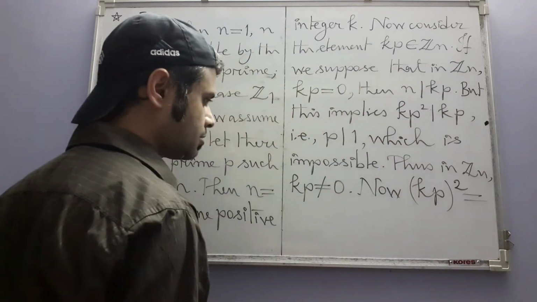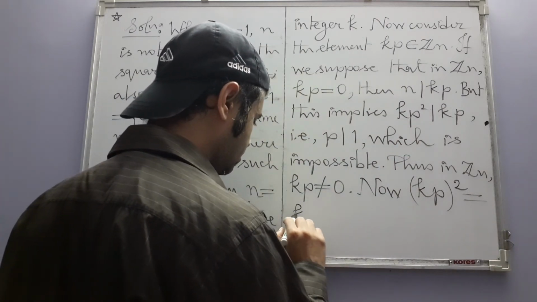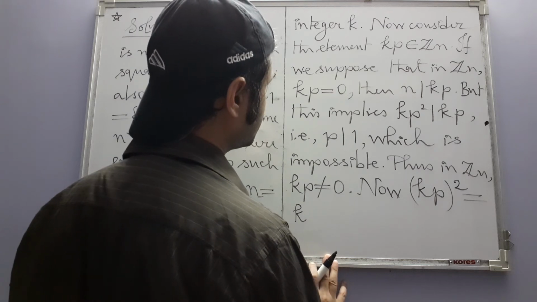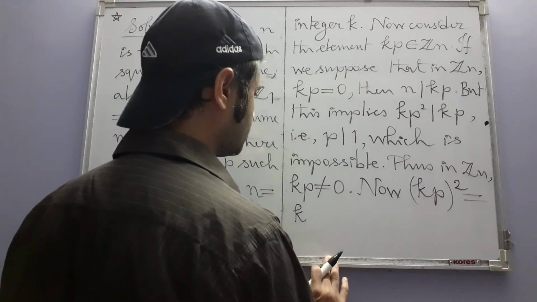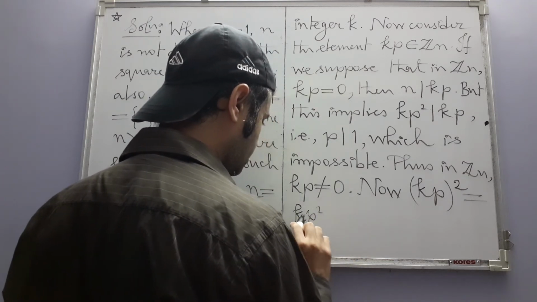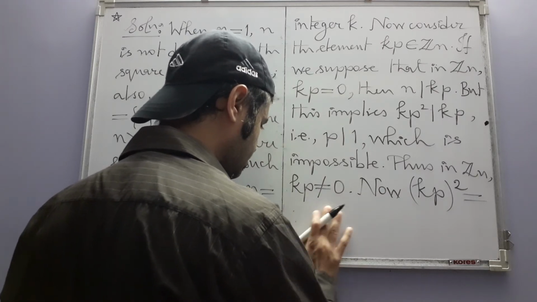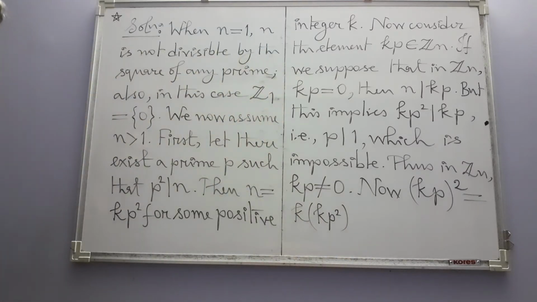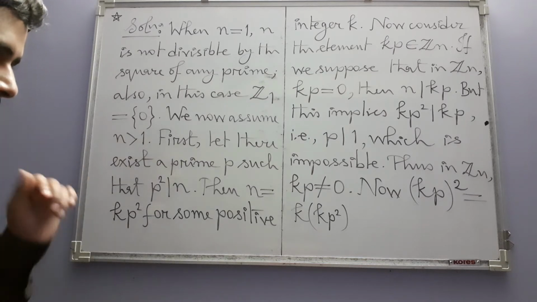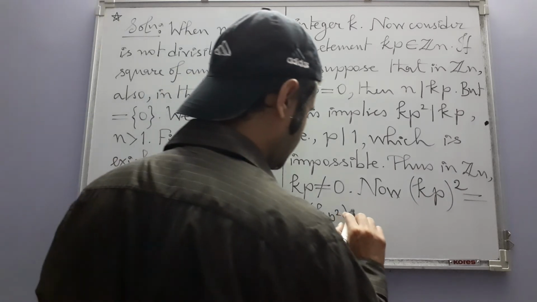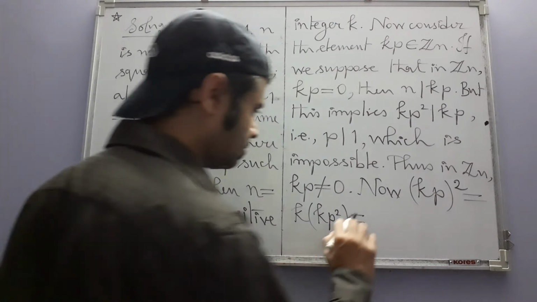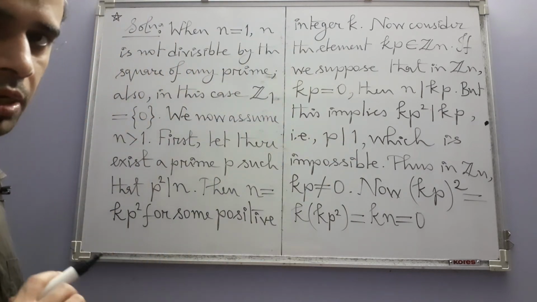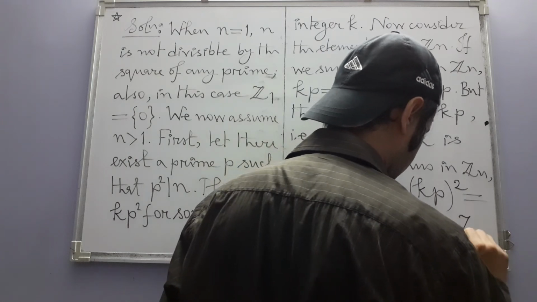So (kp)² is k times kp², but we already know that kp² equals n, so this is k times n, and in the ring Z_n, kn is 0 because it's divisible by n.